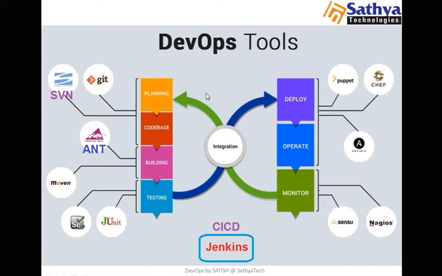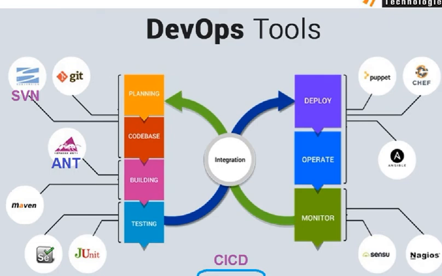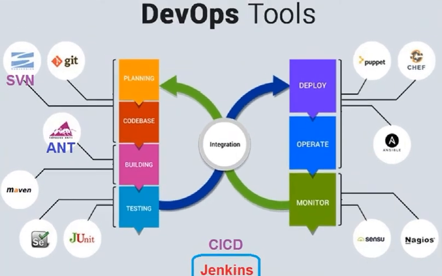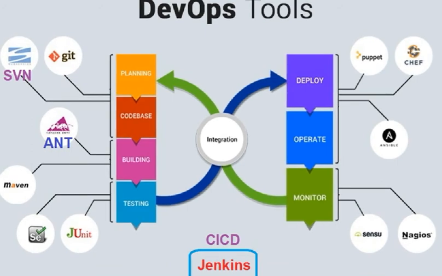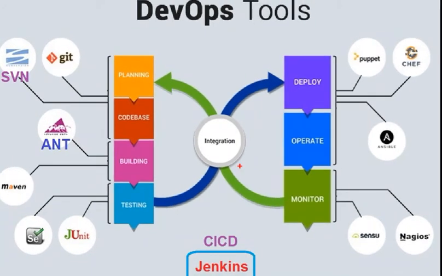Then how do we achieve these goals? In DevOps, we have different tools for development and operations. I will classify these DevOps tools into two types: tools for development and tools for operations.